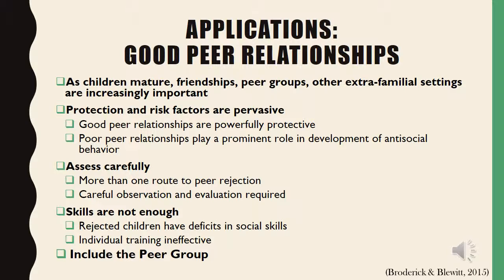A client that I'm working with on some grief, I'll ask, if you were going to open up about losing your dad to one of your friends, who would you pick? So asking questions and seeing who they self-nominate tells you a lot about their peer group and maybe who we can build as additional protective factors in their lives, or who we can encourage them to spend time with.